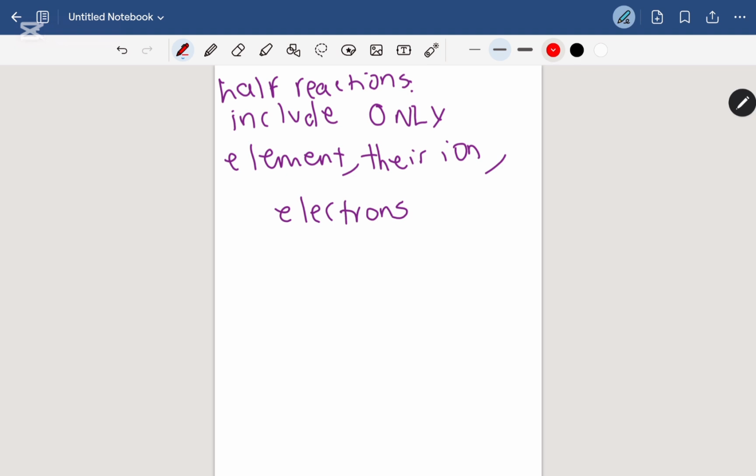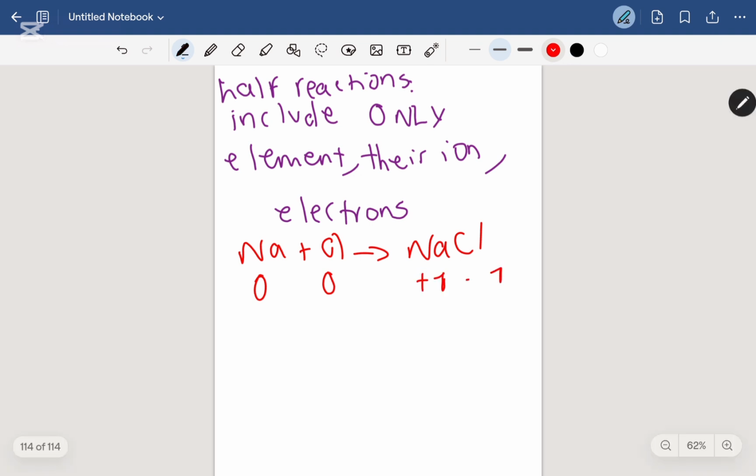So let's take back into consideration the NaCl. We had Na plus Cl became NaCl. We said here it was 0, here it was 0, here it became +1, and here it became -1. Okay, so if we write the half reaction of Na, it's gonna be Na, it gave us Na plus, because in NaCl, an ionic compound, we have Na plus and Cl minus.